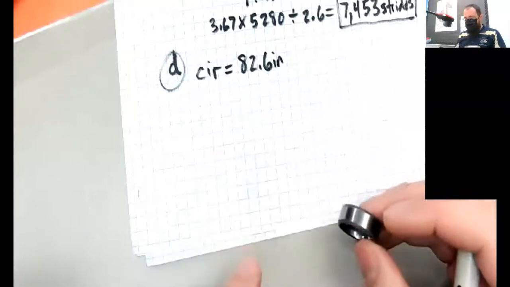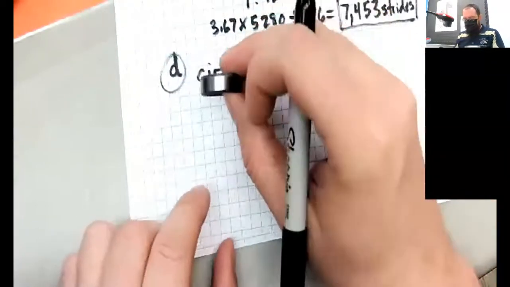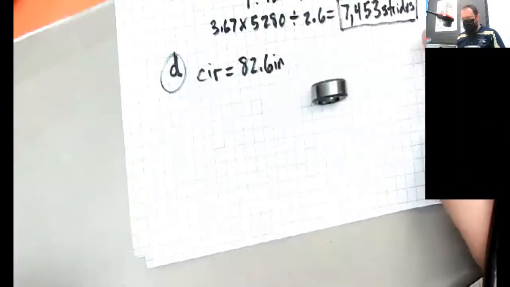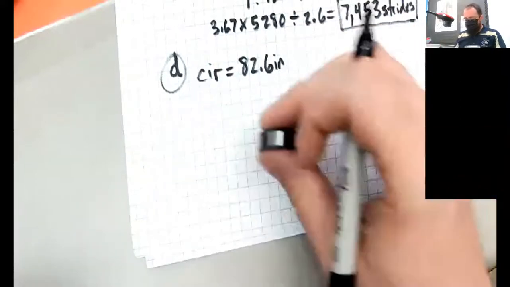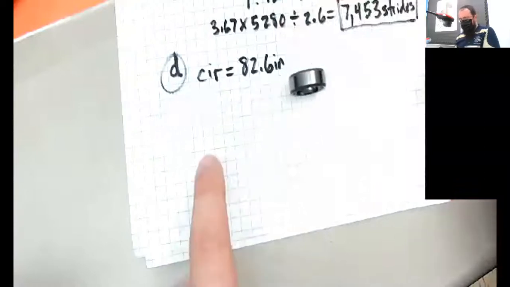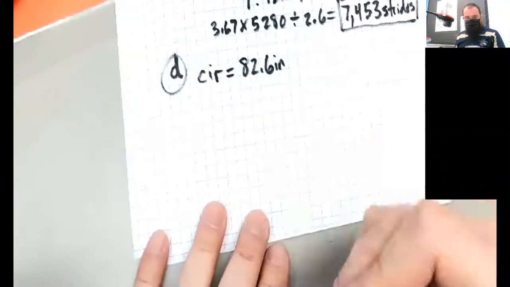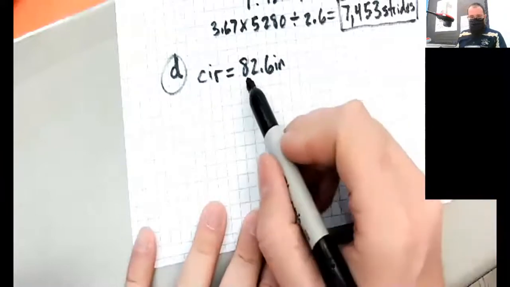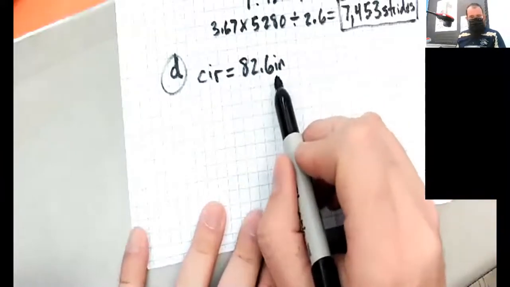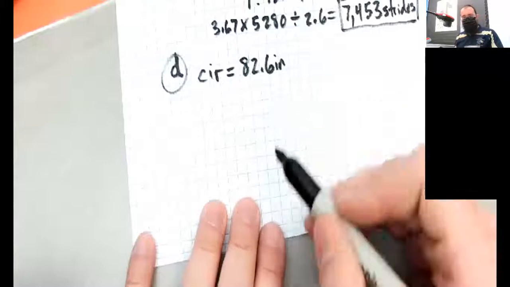The reason why circumference is important is like if I took a wheel and I painted it and I moved it forward, it would make a line on the ground, and circumference ends up becoming distance moving forward. Every time the wheel moves forward 360 degrees or one rotation, it moves forward 82.6 inches. That's how circumference becomes linear distance.